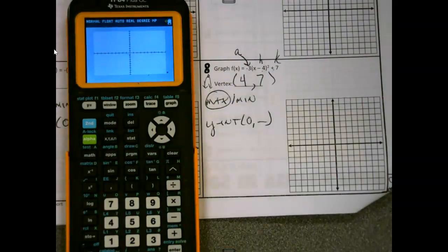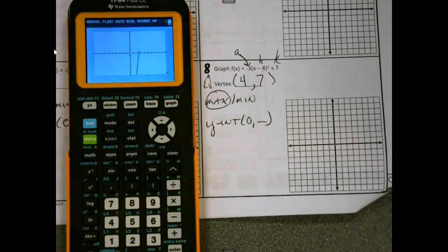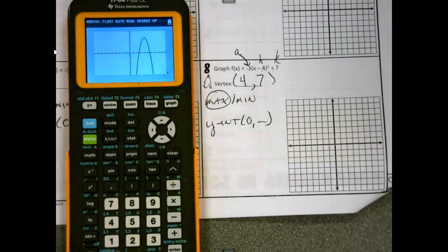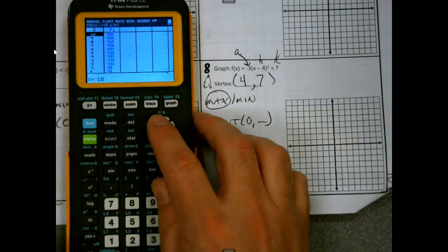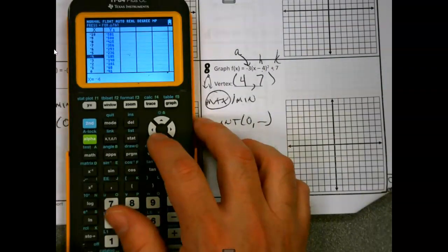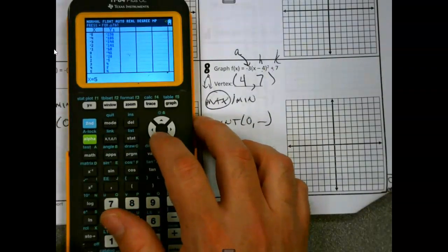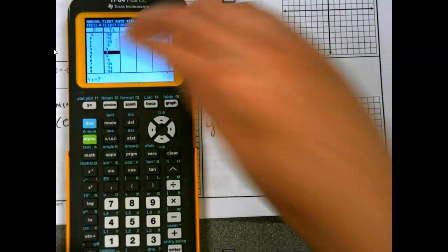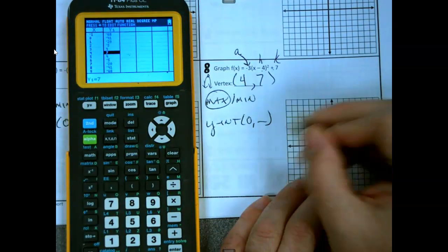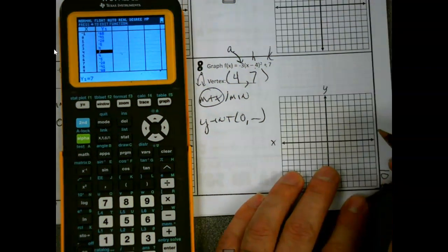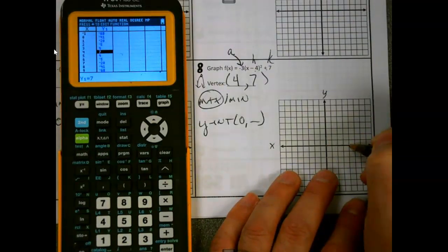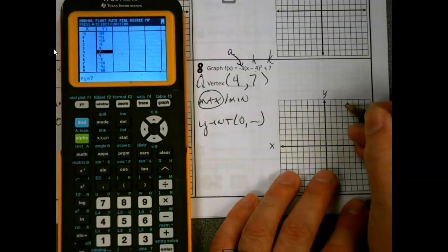So I peek at my graph before I graph it, and I notice it opens down, and I'm writing up. Hey, we're rolling. So if I get 4, 7 in the middle here, there's all my pairs. Now, we might have a little trouble fitting these in, but we're going to try. 2, 3, 4. 2, 3, 4, 6, 7.